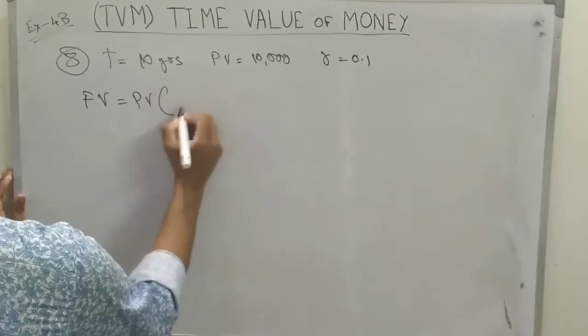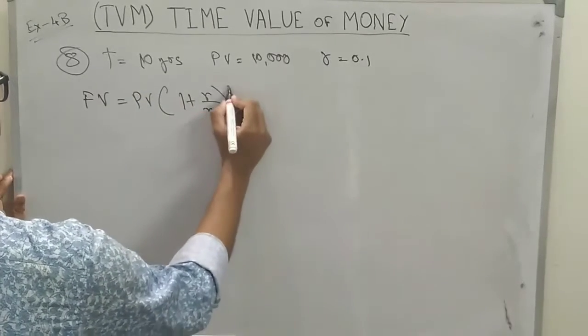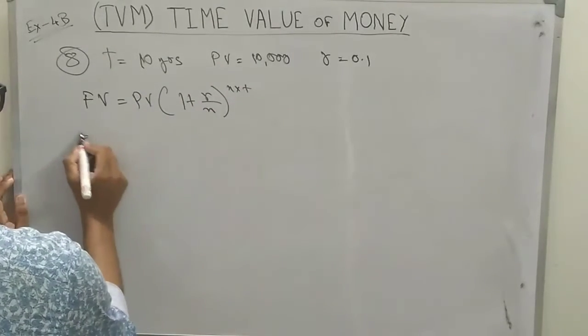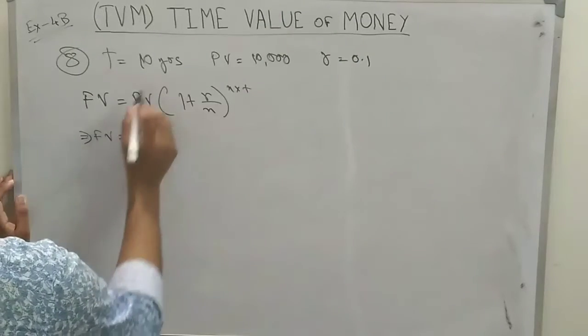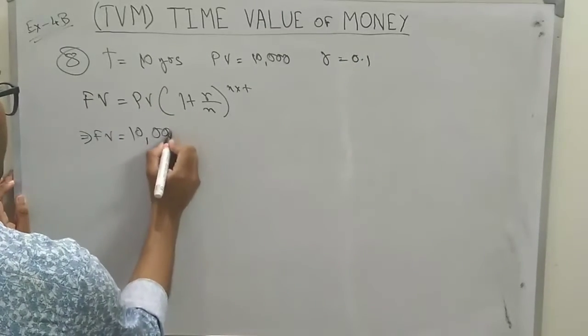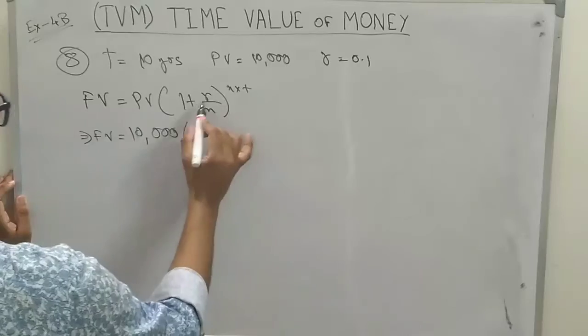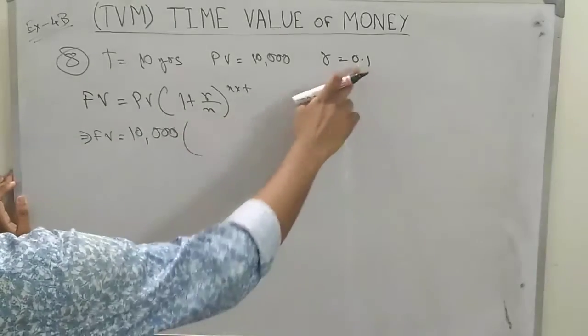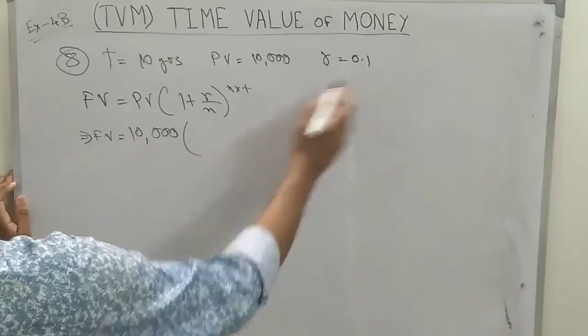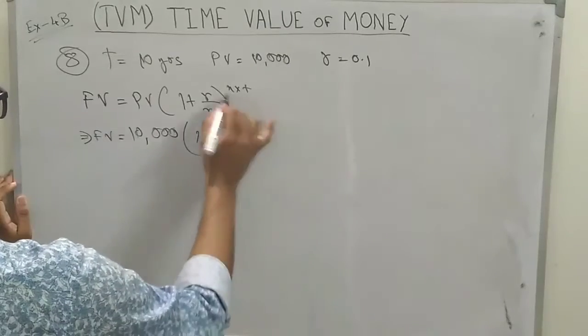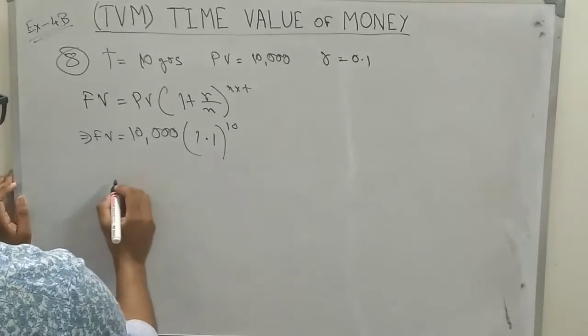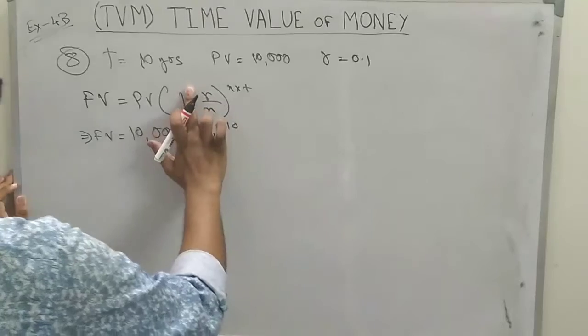The formula is FV = PV into (1 + R/N) to the power N into T, which is equal to 10,000 into 1 plus 0.1. N is not given, so 1.1 to the power 10. Okay, sorry, this is the case of depreciation.